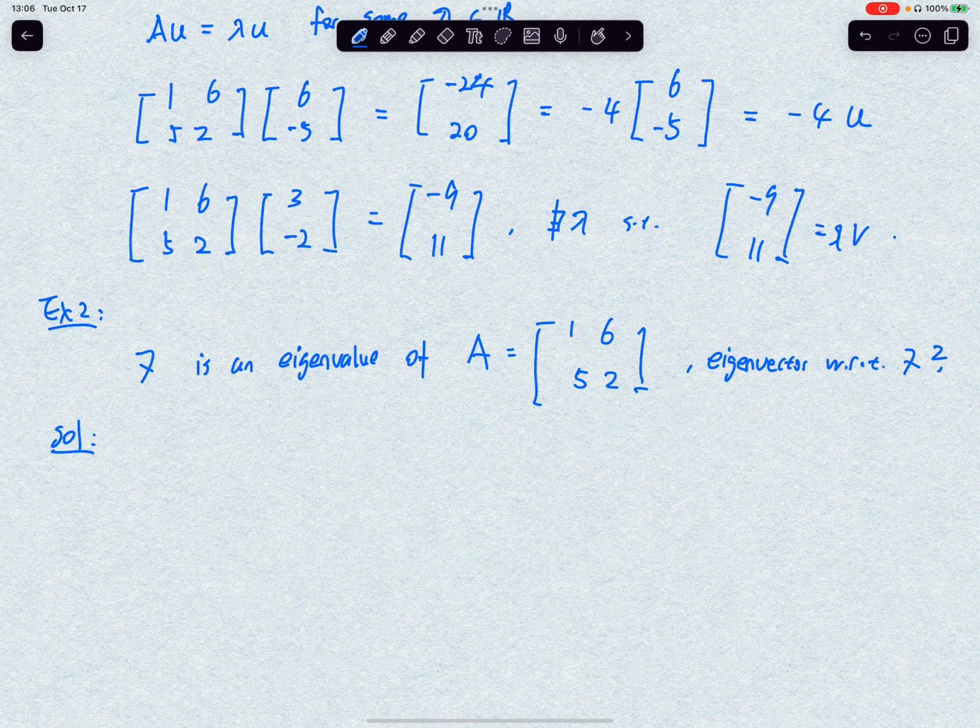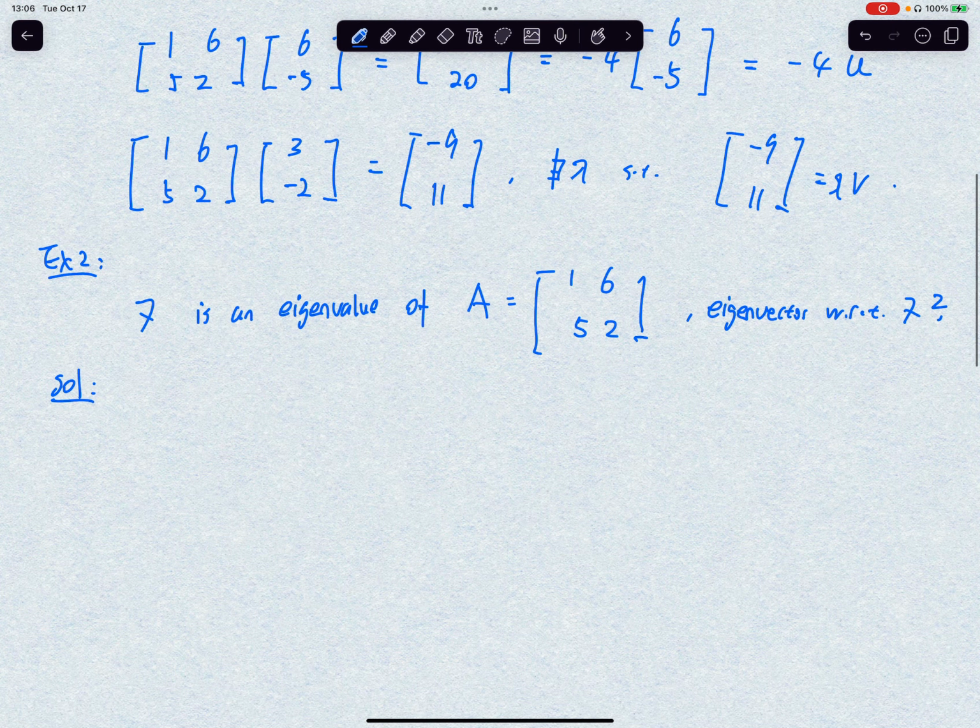Our solution is that since the scalar 7 is an eigenvalue of A, that means Ax equals 7x. And that is equivalent to A minus 7 times the 2 by 2 identity matrix, times x, equals 0.